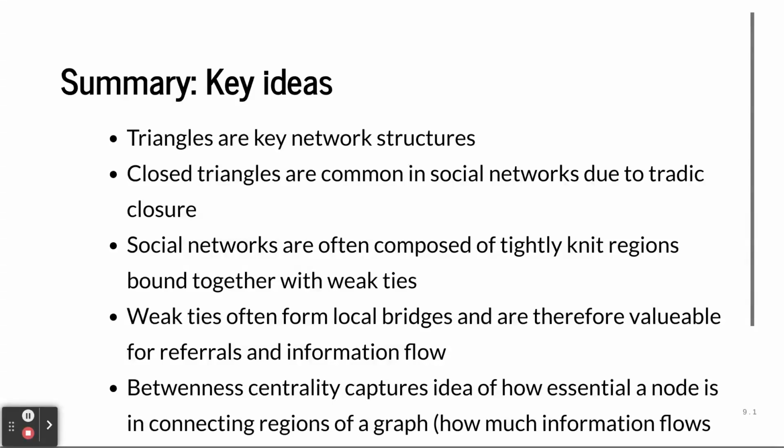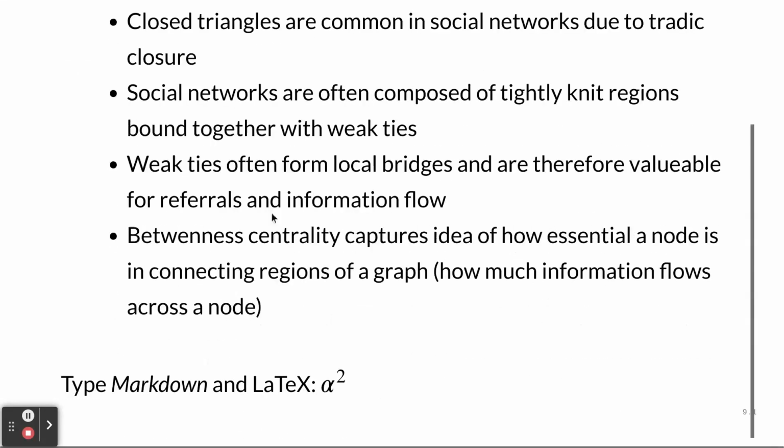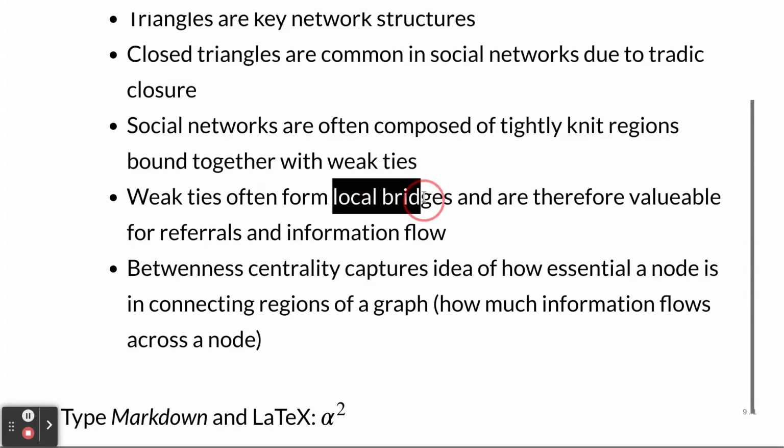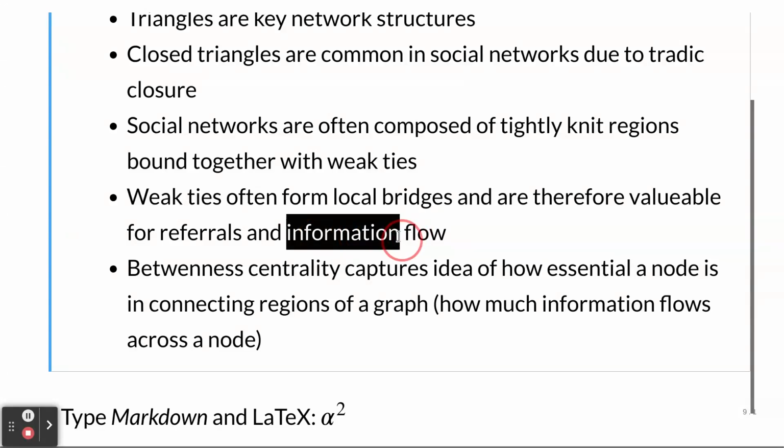We also learned that social networks are often constructed of some tightly knit regions of mutual friends, and these tightly knit regions are maybe bound together with some weak ties. These weak ties are crucial in the network because they often serve as a local bridge and therefore are central in terms of betweenness centrality for flow, maybe of information or other things, between nodes in our network.